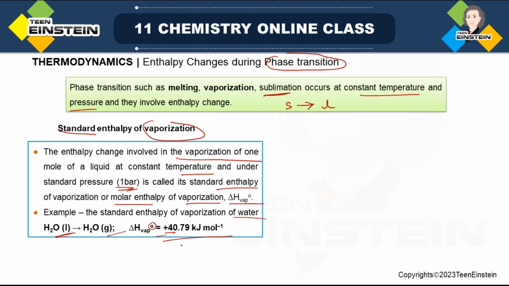That means it is an endothermic process. Heat will be absorbed, and that is understood because once you apply heat, the liquid will absorb that heat, then only it can be converted to gaseous state. So we cannot expect it to be exothermic. It has to be endothermic, so positive sign. This amount of energy will be absorbed.